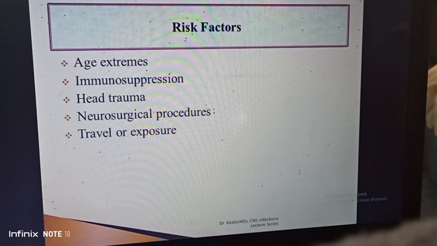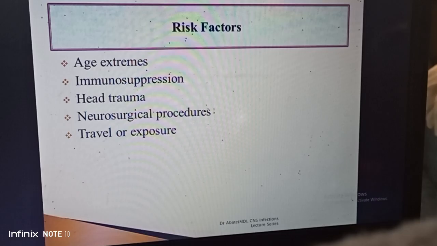The other is head trauma. We already mentioned individuals with head trauma. If individuals with a history of head trauma develop meningitis, most likely the etiology could be Staph aureus. So Staph aureus is commonly associated with head injury associated infections of the meninges.